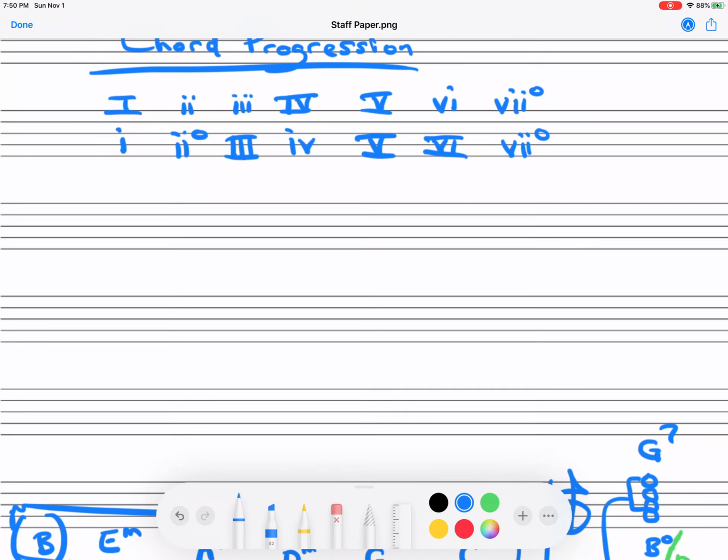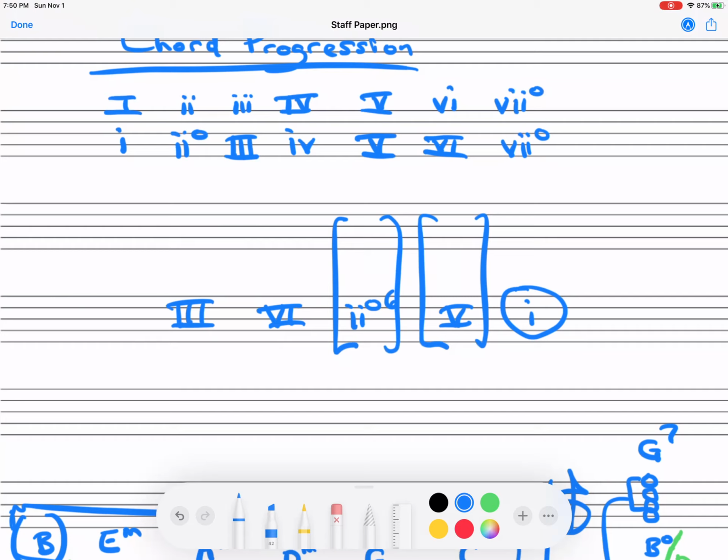So the diagram is the same for the 3, 6, 2, I'm going to invert that, 5, and 1. So this part of the chart is exactly the same, just changing the qualities for minor.